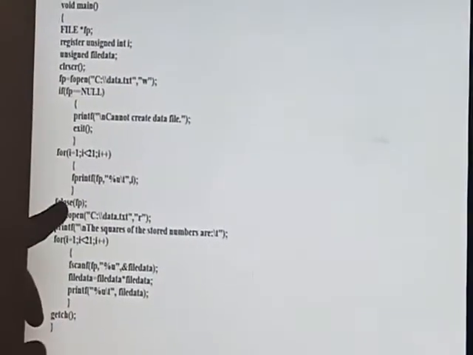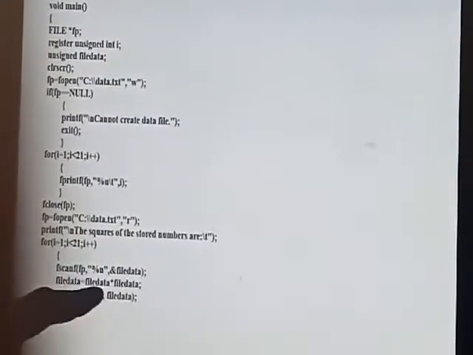After that I am closing it, and after the writing has been over, I am making the file read mode, and I am reading the data. When I is 1, it reads 1 here, and 1 into 1 is multiplied and stored in file data.